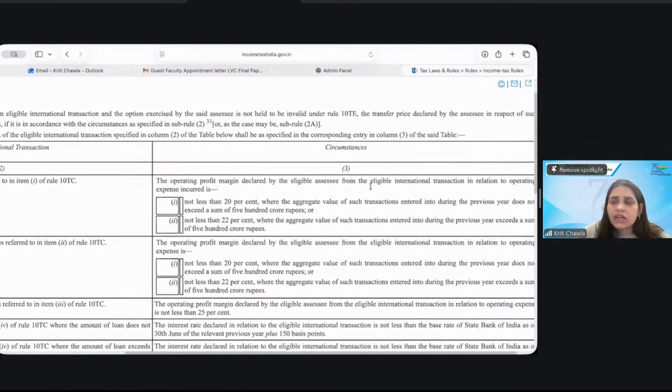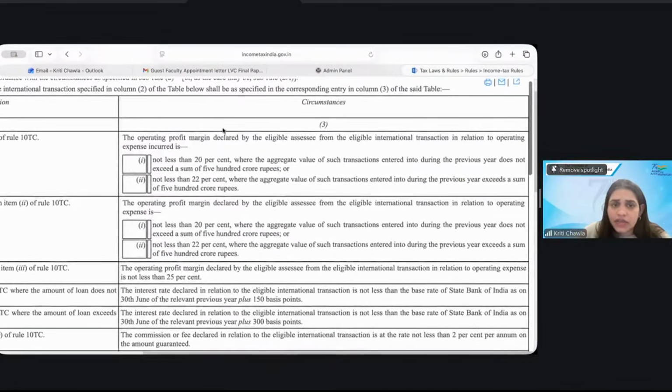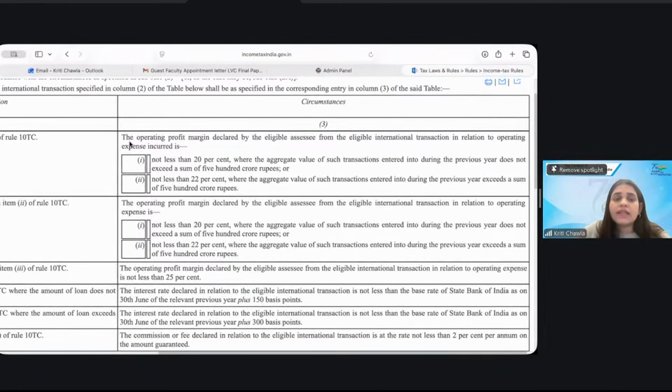But these are the circumstances: if it is a software development service that you provide, then the operating profit margin declared by the eligible assessee from the eligible international transaction in relation to operating expense incurred is not less than 20%, where the aggregate value of such transactions does not exceed 500 crores. And if the transactions exceed 500 crores, then it should not be less than 22%.